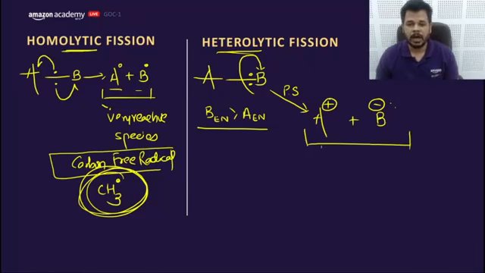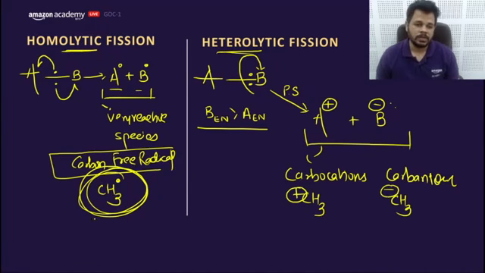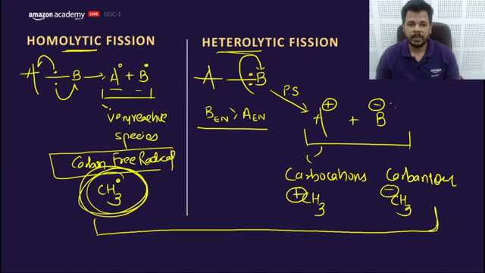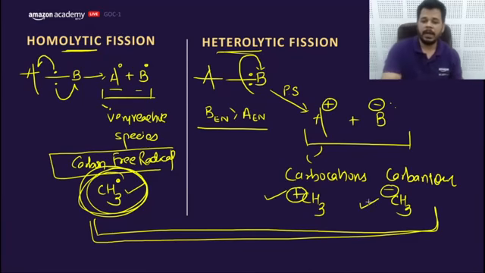Considering both are carbon, we can generate carbocations and carbanions. The smallest example of a carbocation is CH3 plus, and the smallest example of a carbanion is CH3 minus. So these are three intermediates which can be formed during reactions: carbon free radicals, carbocations and carbanions.